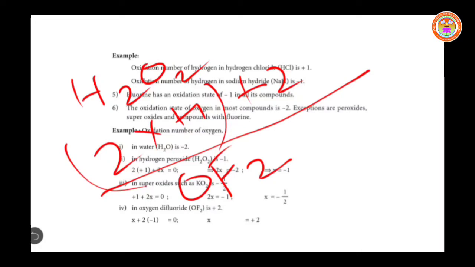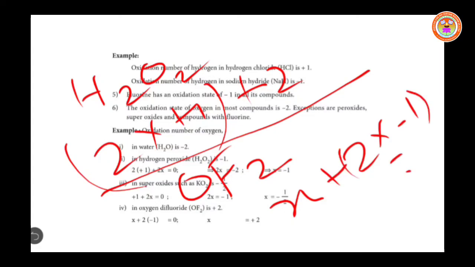Now we can find out: one oxygen atom, let it be X. Then there are two fluorines, 2 into minus 1, as we know the oxidation state of fluorine is always minus 1, that is equal to 0. Here x plus 2 into minus 1, that is minus 2, is equal to 0. Therefore x is equal to plus 2.